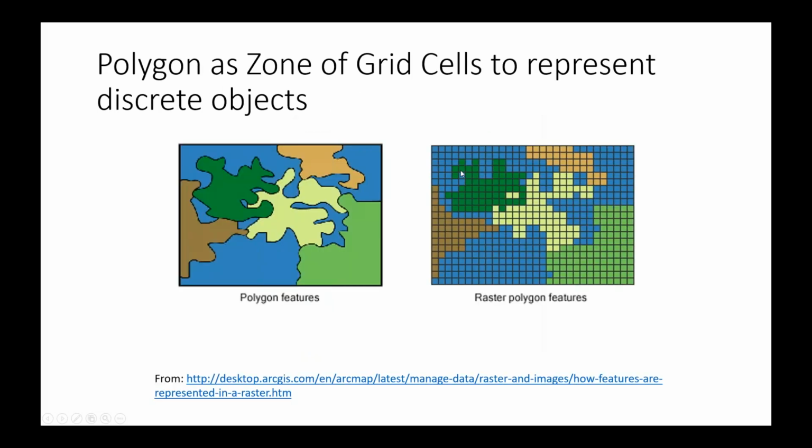It's also possible to represent a polygon as a zone of cells, and that would be the approach used for discrete objects. Polygons, recognizing polygons are discrete objects.